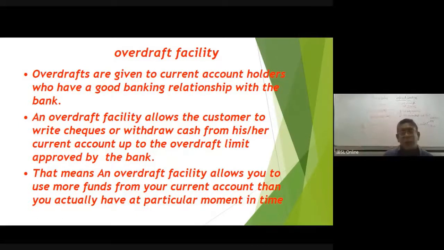Other than these two types of overdraft facility, are we having another type of facility? Yes. Right now, all these overdraft facilities, TOD or POD, are asked for by the customer, who asks the bank, I need some facility. But there are some instances where the customer is not asking, but the bank will give him an overdraft facility.